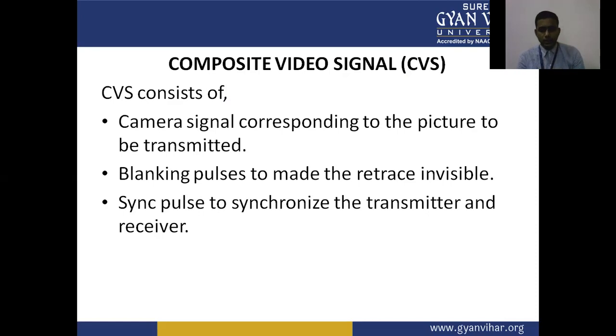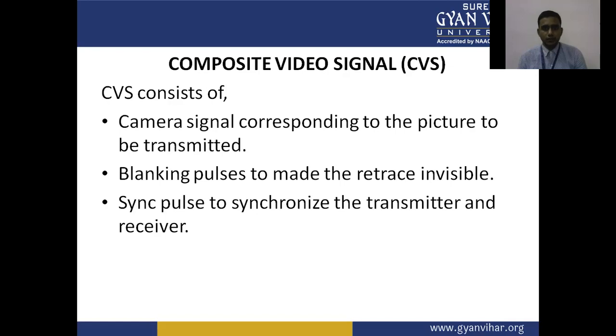So we have discussed the camera signal, the retrace period, that is the blanking period, sync pulses, and the trace period. These signals are known as the composite video signal. All these signals are transmitted through the transmitter antenna in the TV transmitter system, and at the receiver they are received as a combined signal, then identified and separated from each other.